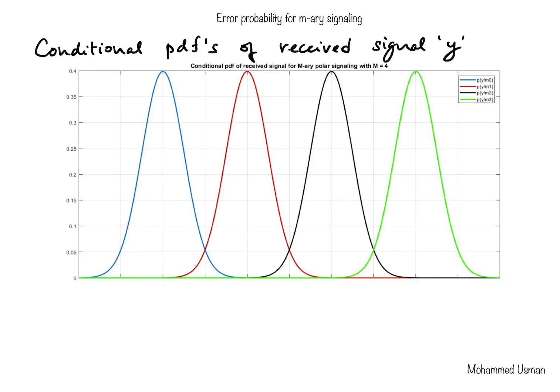So the conditional PDFs of the received signal Y are shown here, where this blue PDF represents the PDF of the received signal when M0 is transmitted. So it is P of Y on the condition that M0 is transmitted, in which case it will be centered on minus 3A by 2.